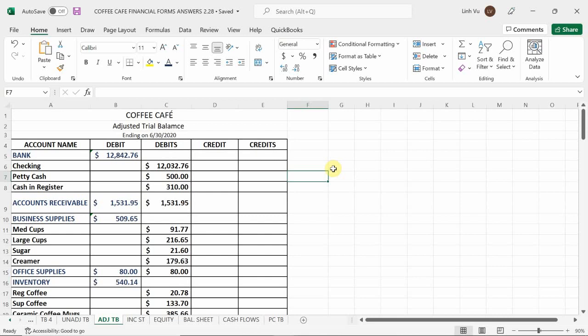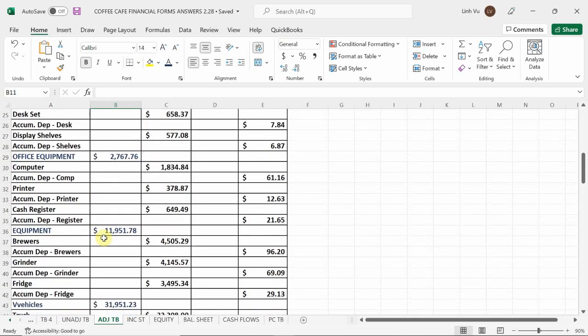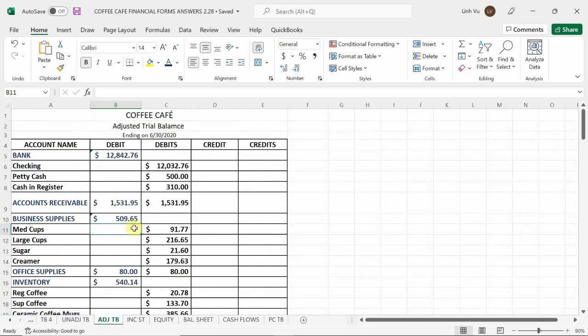Just because when we're looking at non-cash transactions, which we'll talk about in the statement of cash flows, that's where you're going to be needing the unadjusted trial balance, because we need to know what the market value of your fixed assets are when you purchase them, the historical cost, right? So all you really need for this is just your adjusted trial balance.